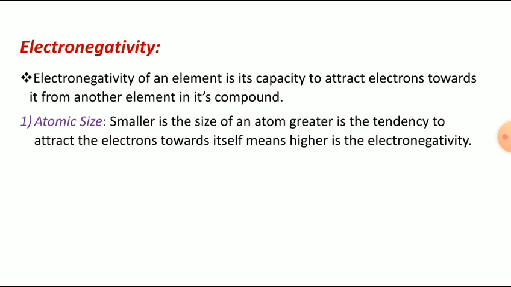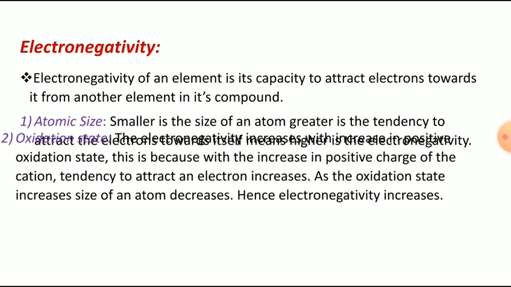Smaller is the size of an atom, greater is the tendency to attract the electrons towards itself, means higher is the electronegativity. See, the smaller the size of an atom, the greater its tendency to attract electrons towards itself. So it means its electronegativity is also higher. We have just seen the definition, the above definition.